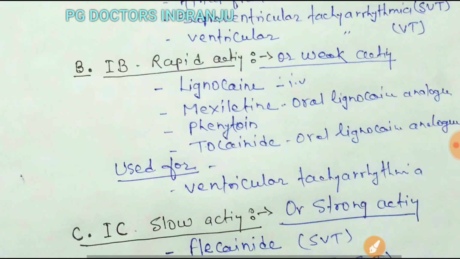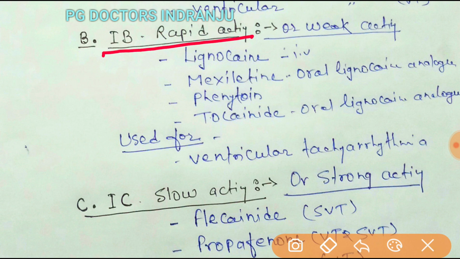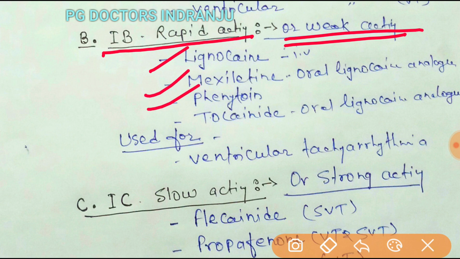Then focus on 1B. It is rapid acting or weak acting. The drugs in that are lignocaine or lidocaine, mexiletine, phenytoin, and tocainide.